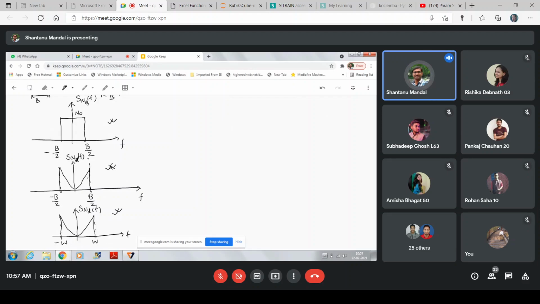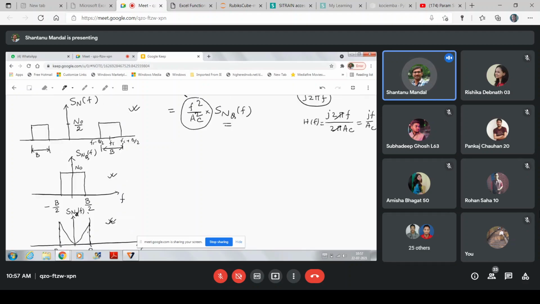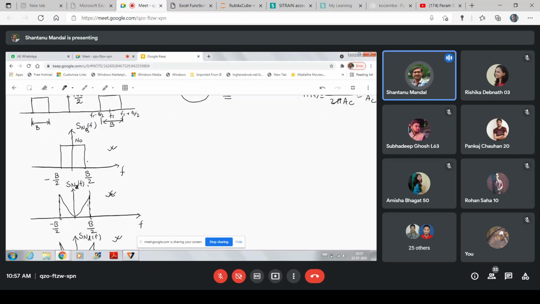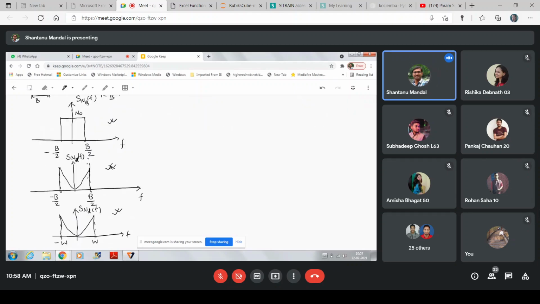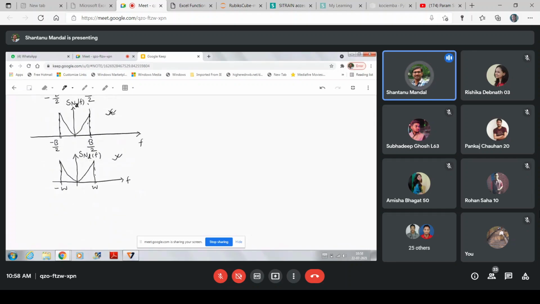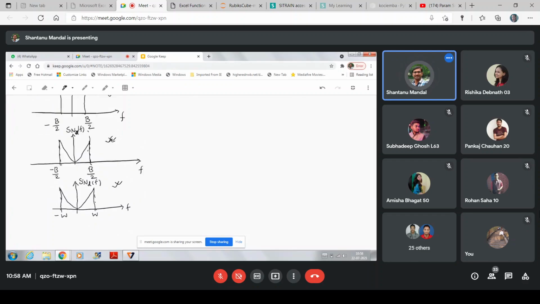The first one is the PSD of the white noise, the second is the PSD of the quadrature component, the third is the PSD of the output of the discriminator, and the fourth is the PSD of the output of the low pass filter.